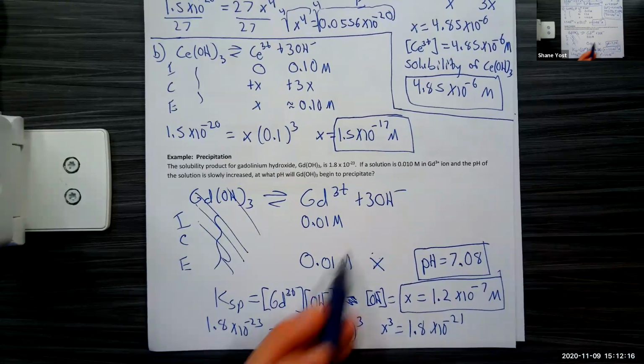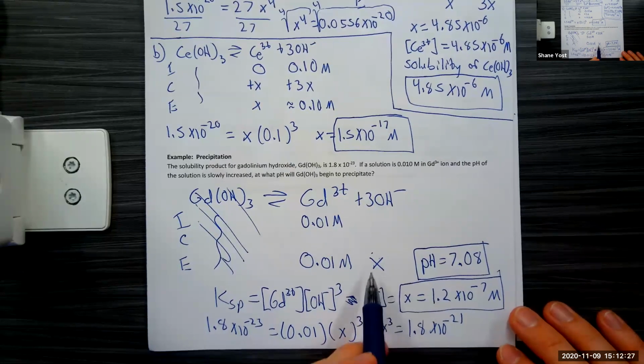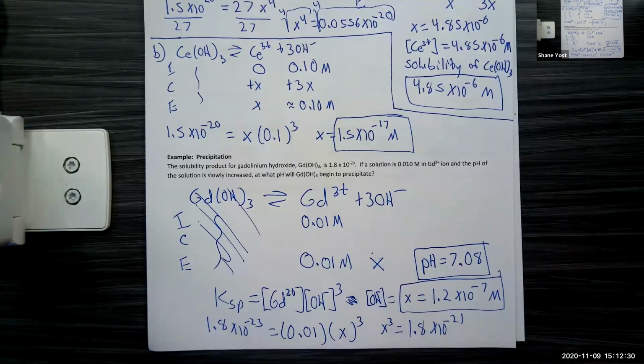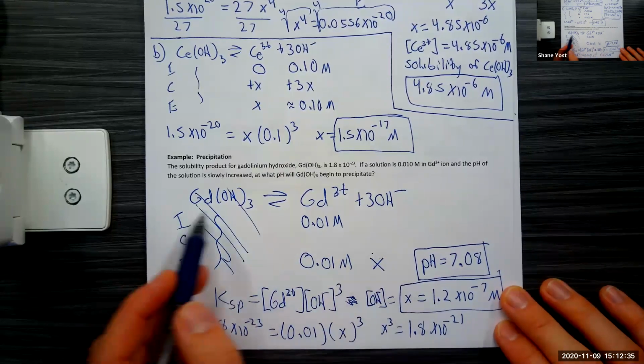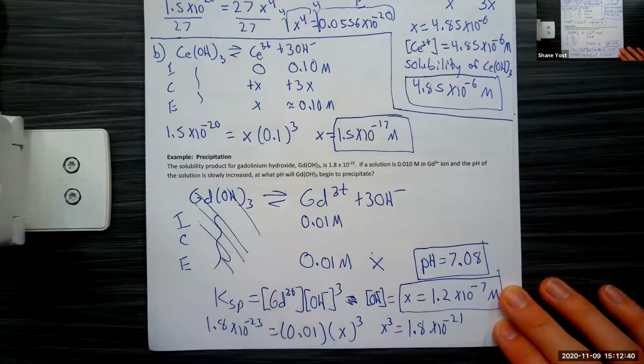In this problem, I'm increasing the pH by adding a base to the solution, like sodium hydroxide. So the concentration of hydroxide is being increased that way, and it's not from the solid breaking apart to form these ions, because I don't have any solid in the solution to start with. Really, I'm just concerned about what concentration of OH minus reproduces an equilibrium solution, a saturated solution.